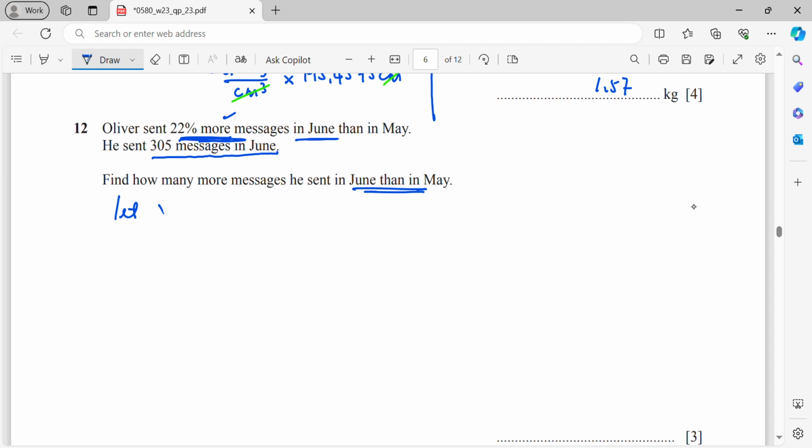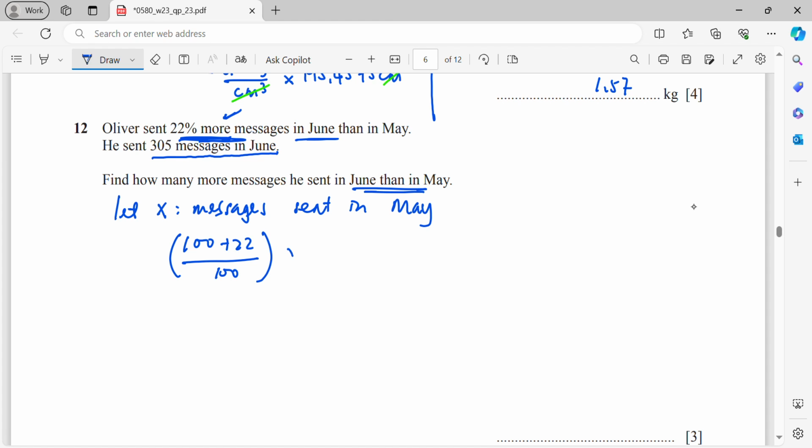So let X be the messages sent in May. Because of more, it will be 100 plus 22, which is 122%. So 122 over 100, then multiply with X, equals 305. Then 122 over 100 times X equals 305.